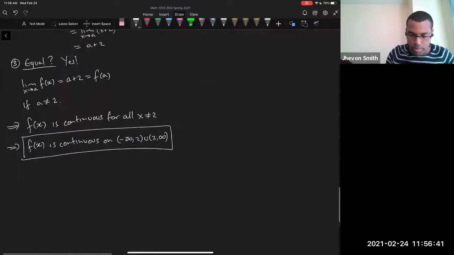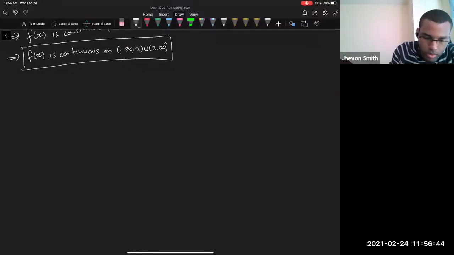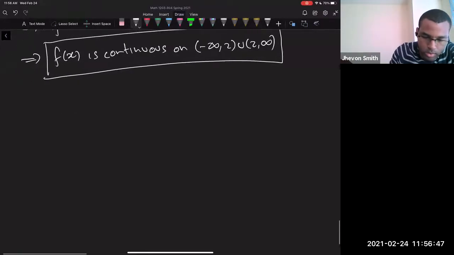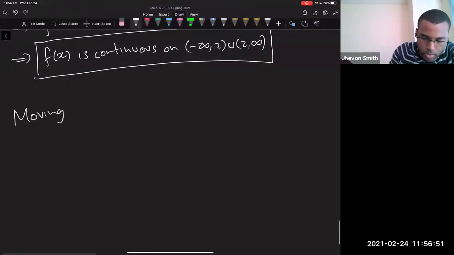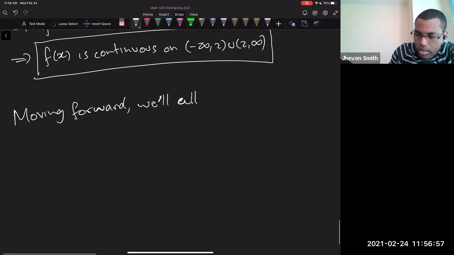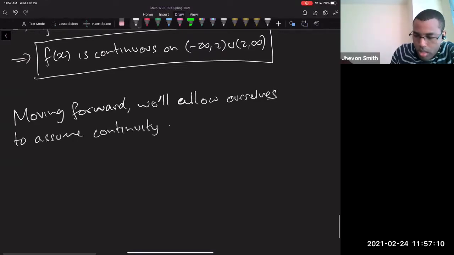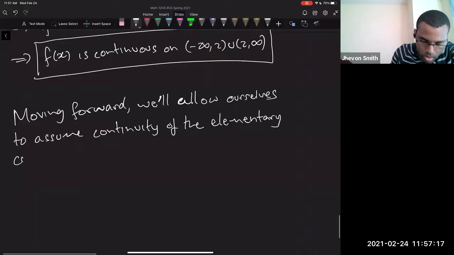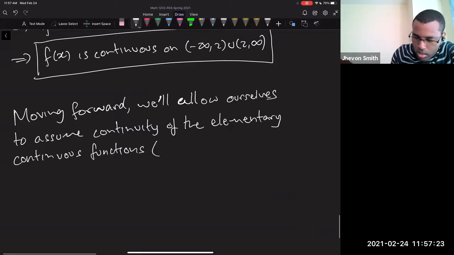So moving forward, we'll allow ourselves to assume continuity of the elementary continuous functions. And you can do this on tests.